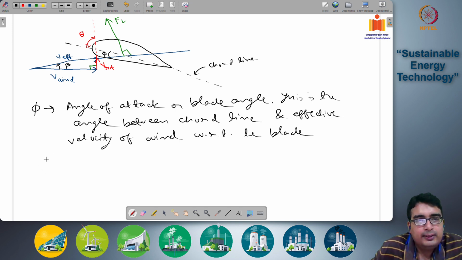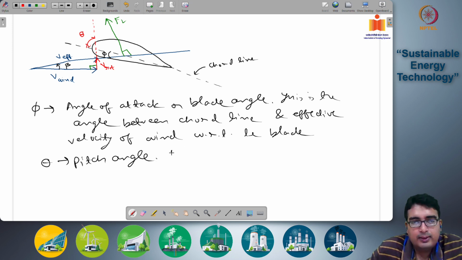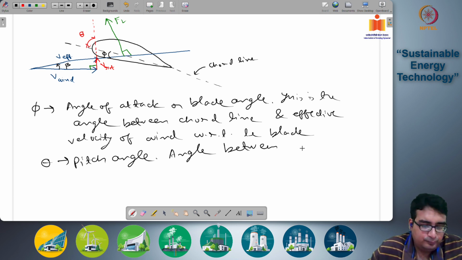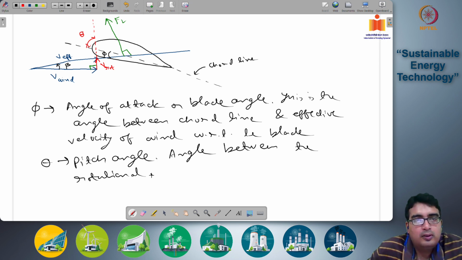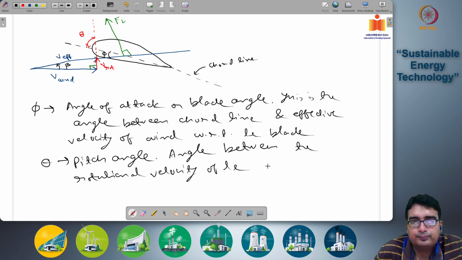Okay. Theta is the pitch angle. It is the angle between the rotational velocity of the blade and the chord line.